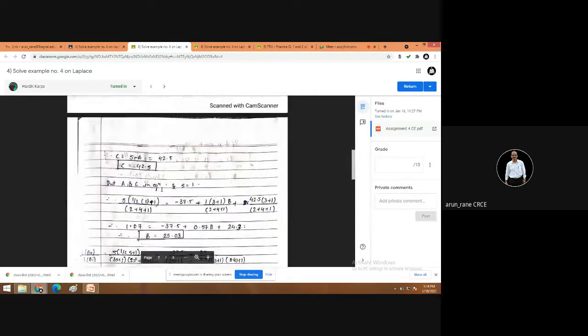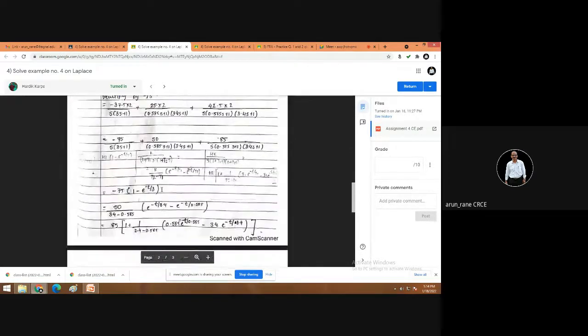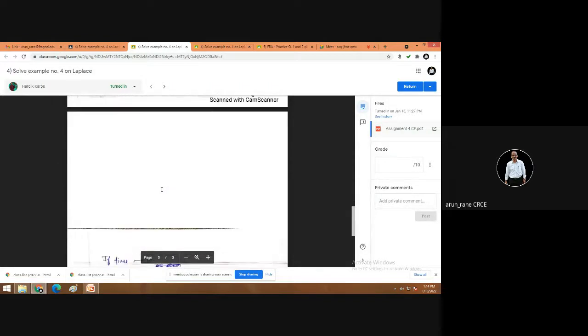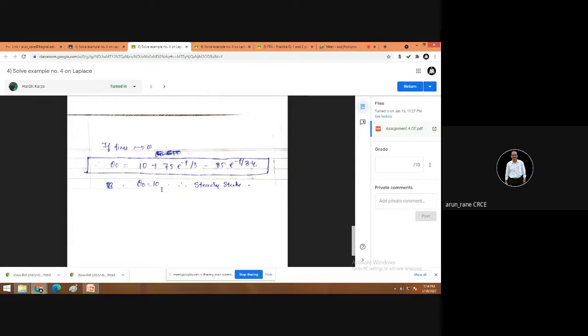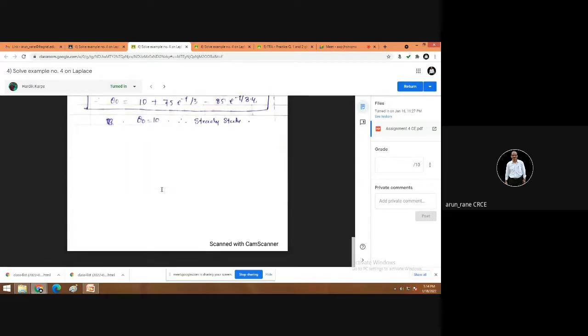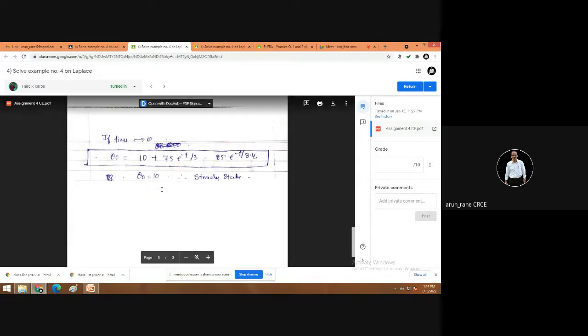Okay, 42, 35. You need to write here, as time goes to infinity, the exponential component becomes 0, and you are left only with the steady state component. All right.